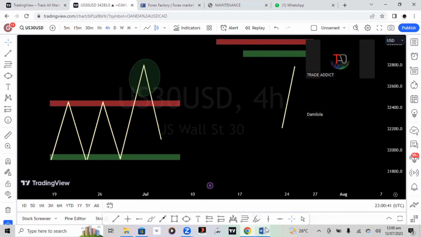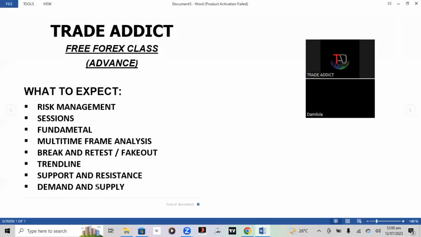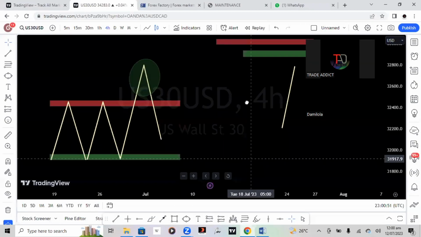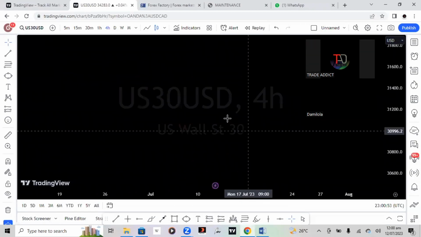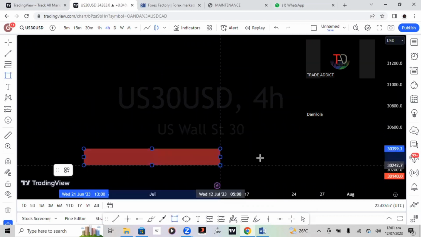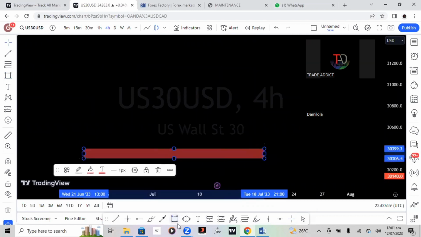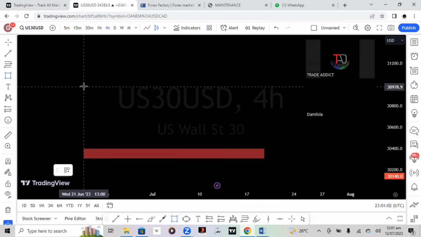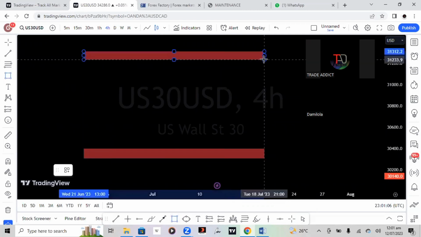So the next on the line now, let's take a look at demand and supply, then we'll look at trend line. So let's look at demand and supply. Demand is a major zone where price buys off, while supply is a major zone where price sells off.